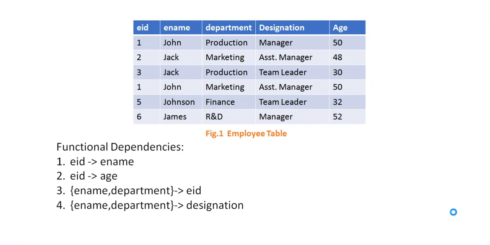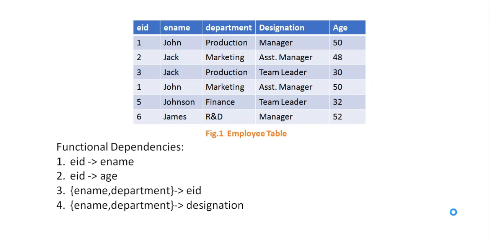For employee ID 2, the employee name is Jack. Now there are two rows for employee ID 1, with the same employee ID and the same employee name, which means these two rows belong to the same person. So we can say that employee ID is determining the value of employee name.